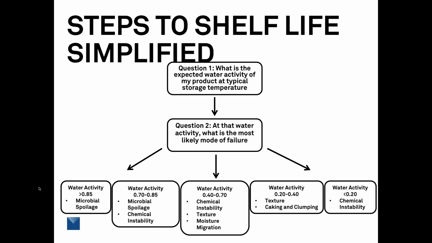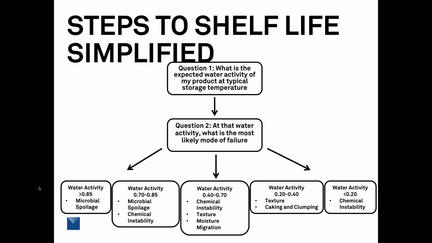Now we're most concerned with texture. This is where a lot of the ingredient powders reside, and any of those powders could be susceptible to caking and clumping. That may become the biggest factor that determines shelf life. If a free-flowing powder product starts to cake and clump, it has essentially ended its shelf life. And then at less than 0.2, you might think that this should be the most stable condition.